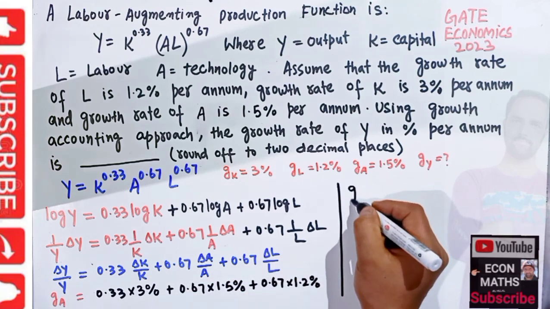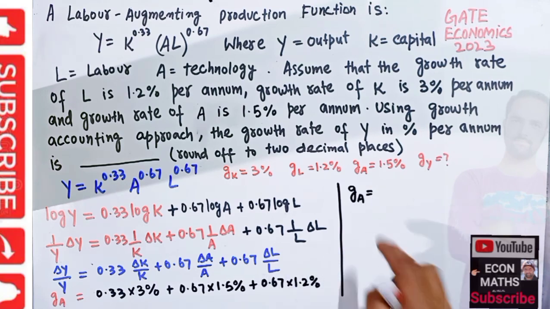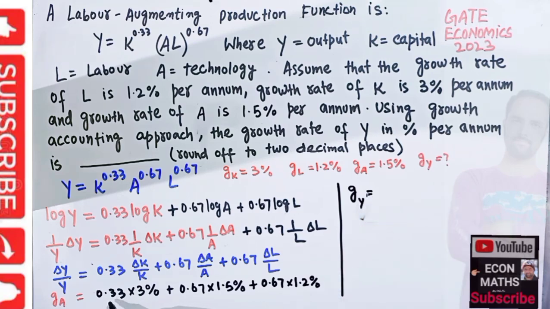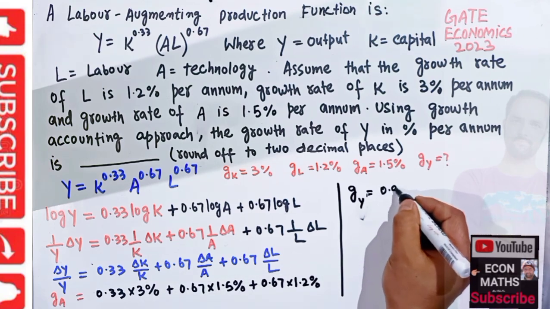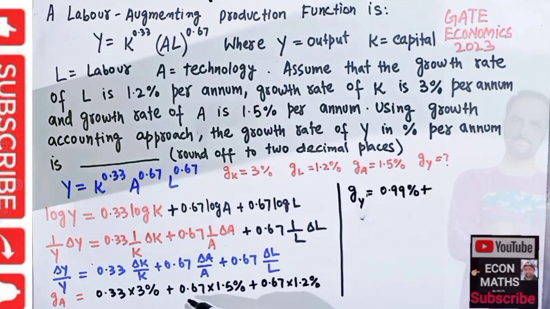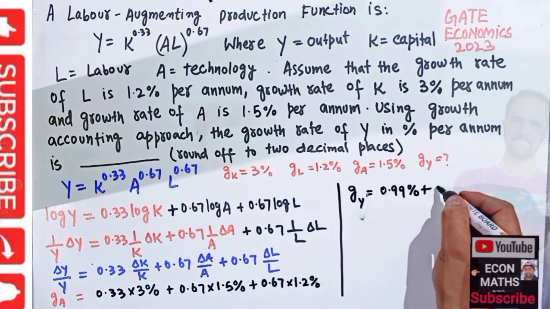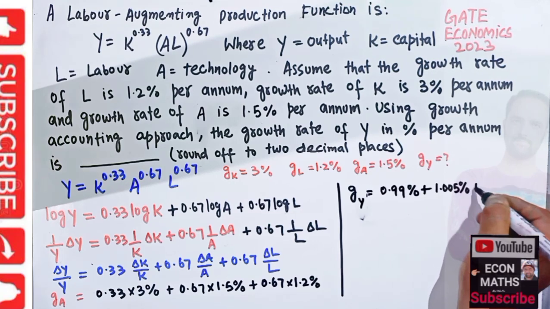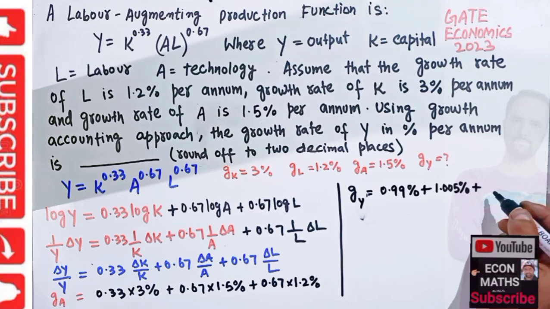That means growth rate of output will be equal to, so 0.33 of 3% comes out to be 0.99%, plus 0.67 times 1.5 comes out to be 1.005%, plus 0.67 times 1.2 comes out to be 0.804%.